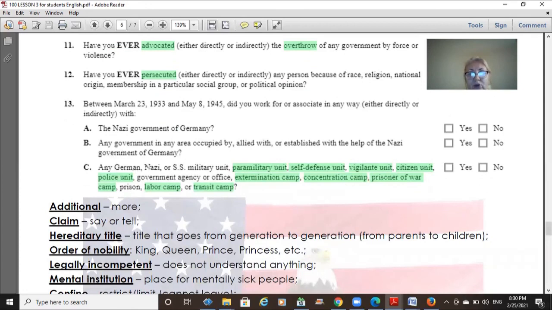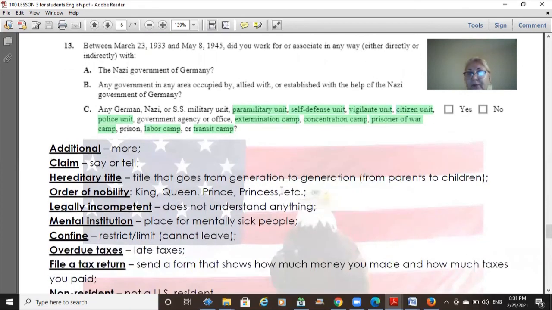C. Any German Nazi or SS military unit, paramilitary unit, self-defense unit, vigilante unit, citizen unit. And you will have to look at the meanings of these green phrases that I provided below the picture of this part in order to understand it correctly.